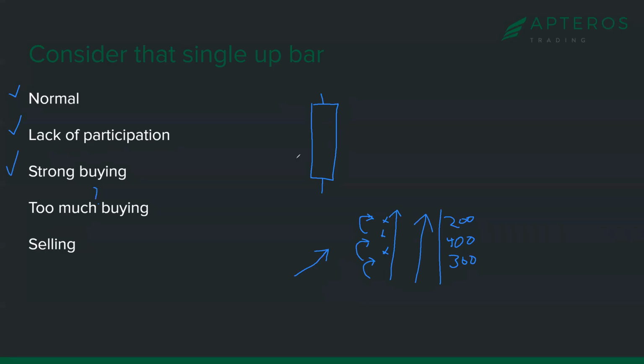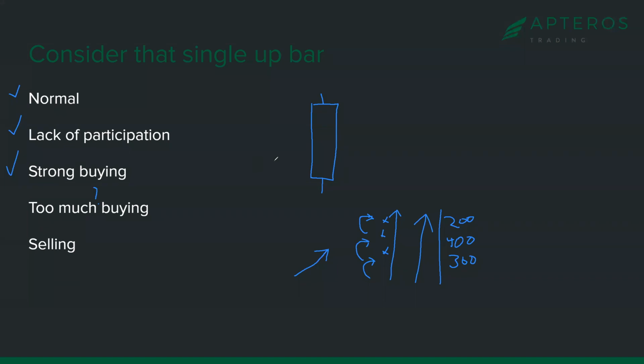Too much buying. Okay, so for a particular sized up bar, I know we don't have any relativity here, but for normal rhythm and volatility and things like that, you gain a sense of relativity with bar size, what's big, what's small, things like that.